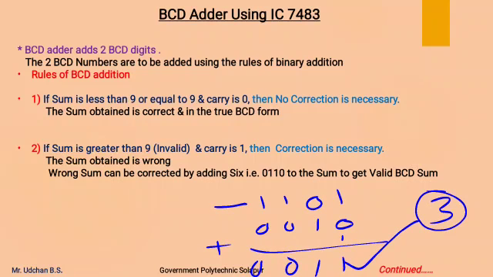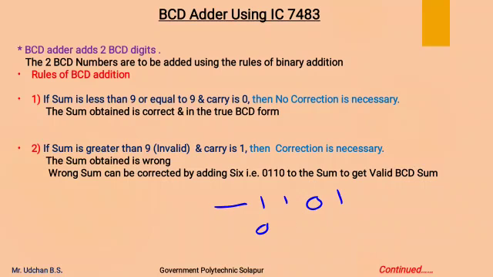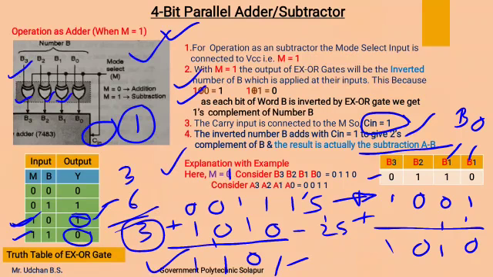This is how we can get 3 minus 6 as a 3. This is how a 4-bit adder acts as a subtractor by connecting the mode select input to binary 1 using the 2's complement method.